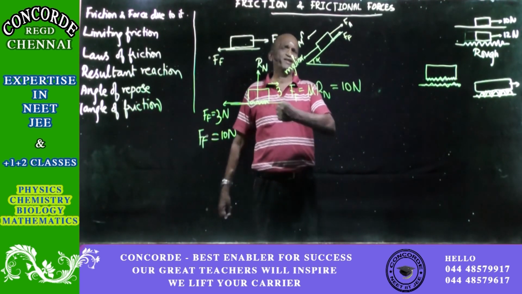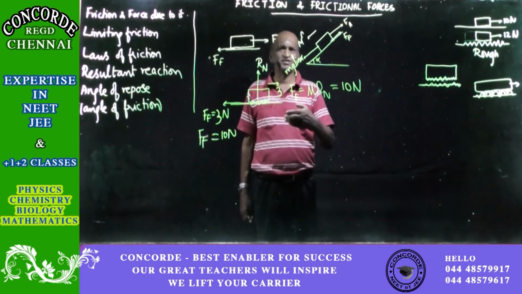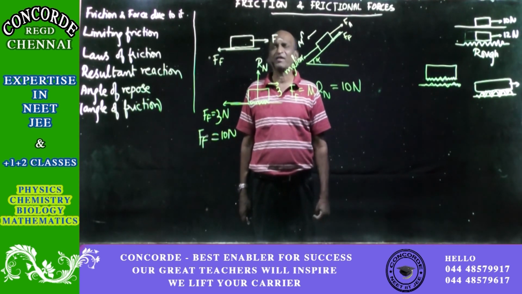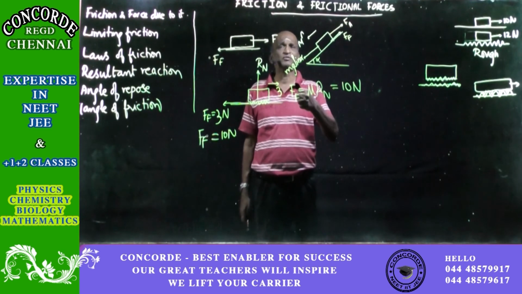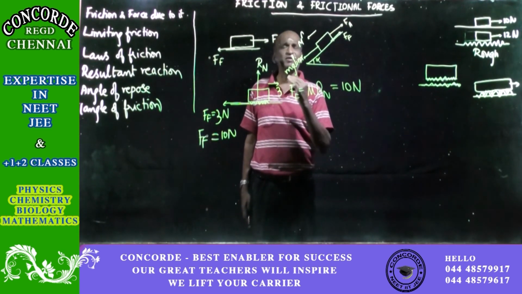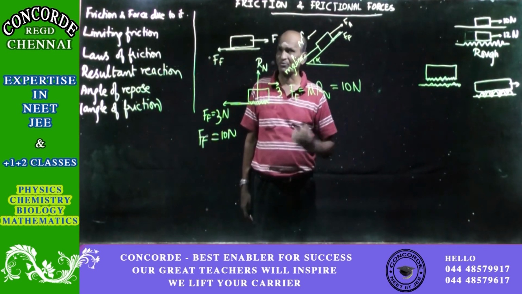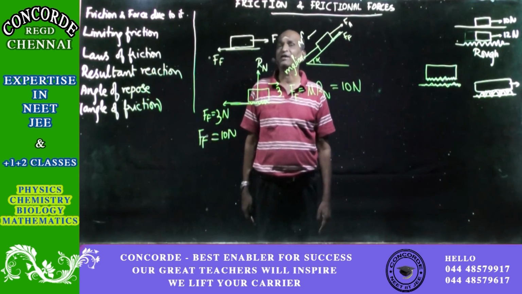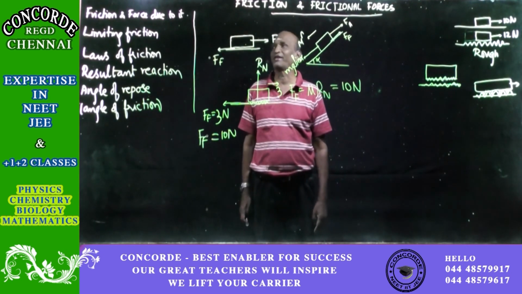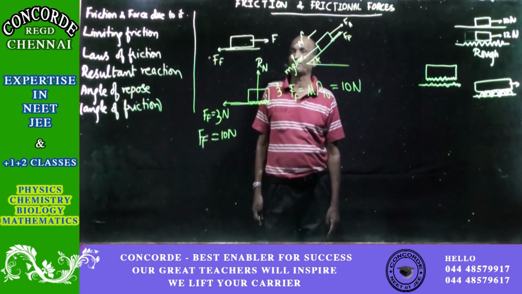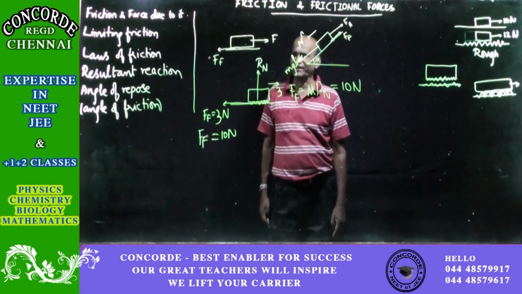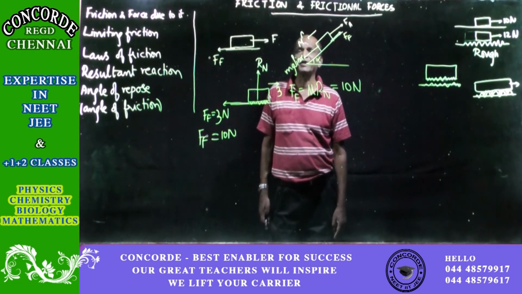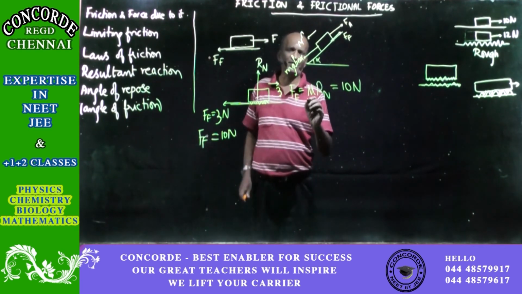You can also put the statement like this: when the body is about to move, it is the maximum limit for rest, for the equilibrium condition. At that time, the equilibrium which we have is called the limiting equilibrium. The friction that we have when there is limiting equilibrium is called limiting friction.